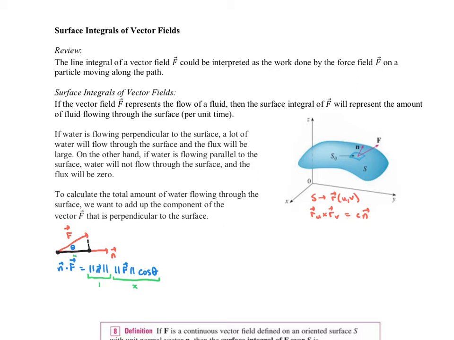So x equals the magnitude of F cosine of that angle, which means x is equal to the unit vector n dotted with the vector F. If that represents the amount of F onto n, then we can integrate this, and we get the amount over the entire surface.